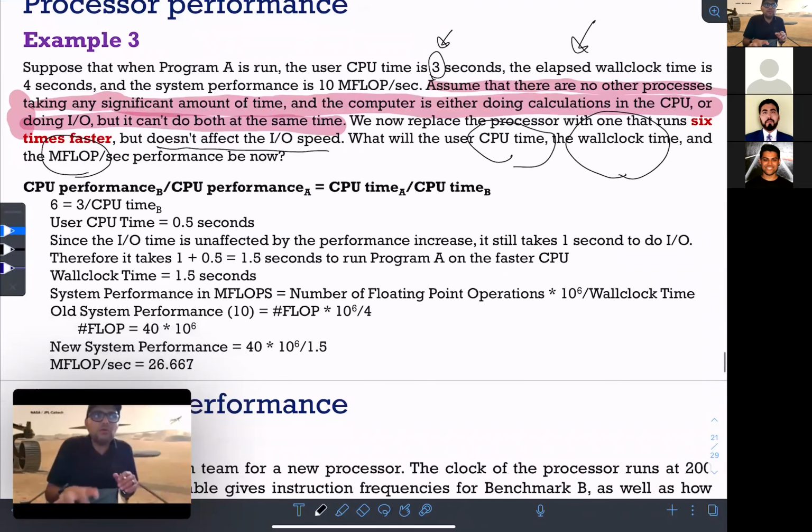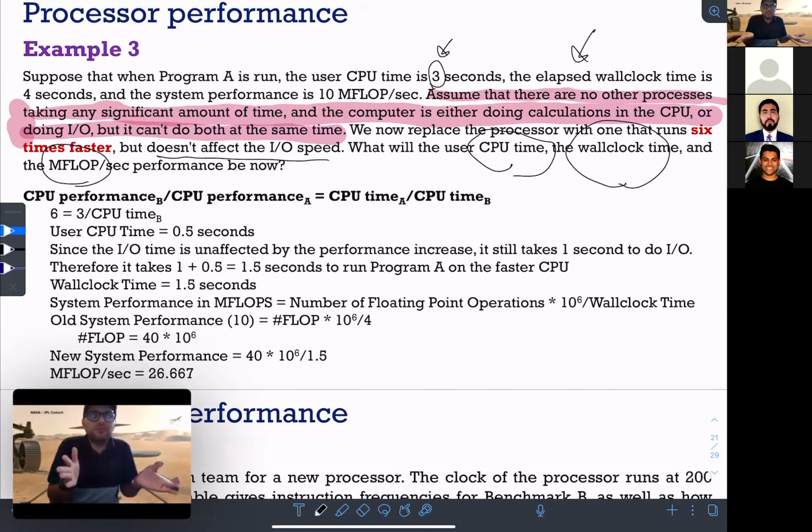Now it's an easy, lemon squeezy job. CPU time of A over CPU time of B is a ratio, and performance is 1 over the CPU time. So CPU time A divided by CPU time B is performance of B divided by performance of A. Do you agree?